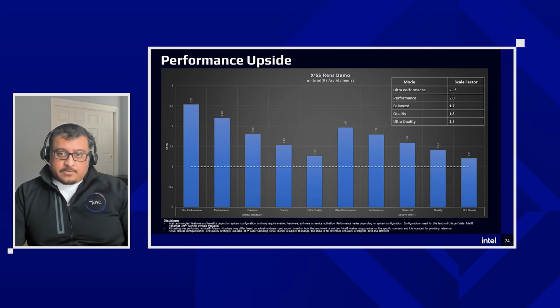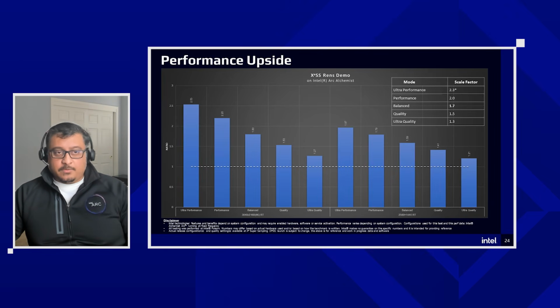So what are those scaling factors? This is currently how it stands, but it is subject to change. At ultra performance, you are scaling down by 2.3 before doing the rendering, and XeSS is responsible for taking it from that resolution and converting it to the native resolution you're targeting.